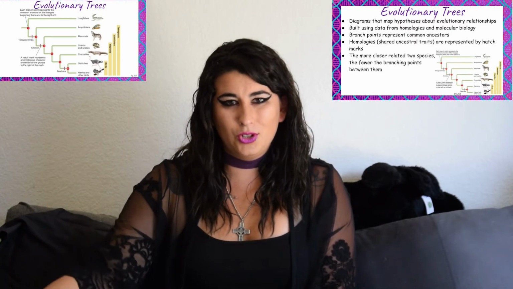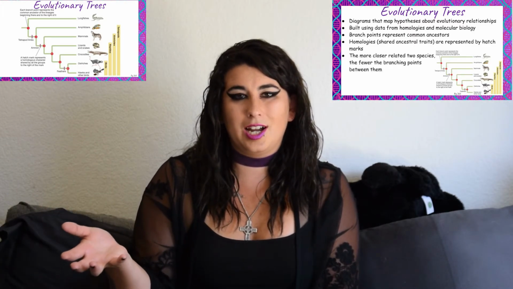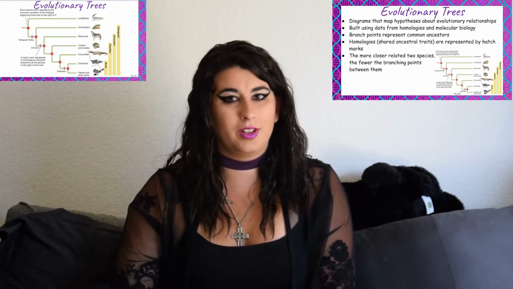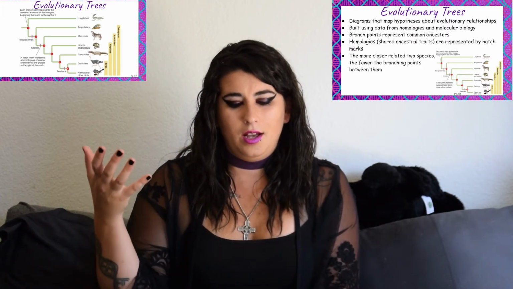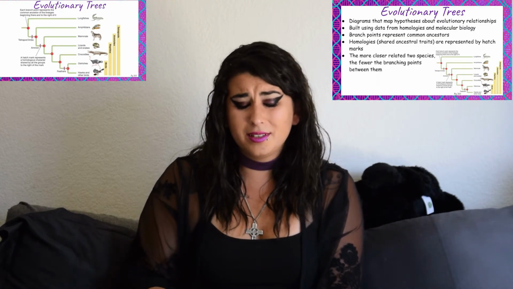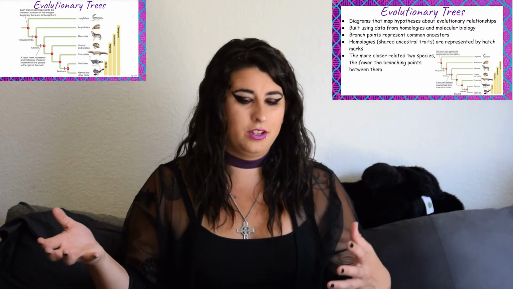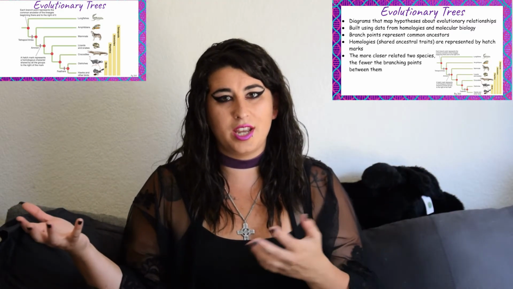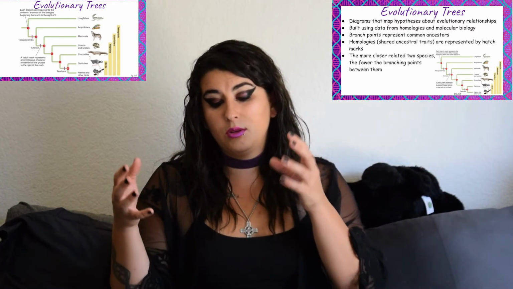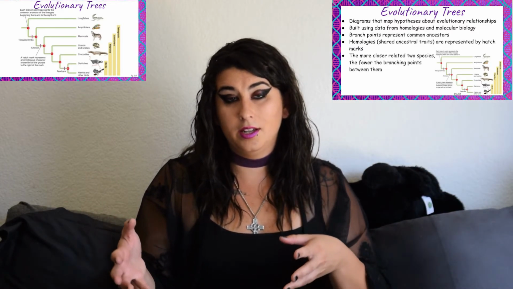But basically, an evolutionary tree is just a diagram that can map a hypothesis about an evolutionary relationship. You've probably all seen an evolutionary tree before and you just don't realize it. Basically, they're built on data, usually from homologies and or molecular biology. And they have these little branch points that you can see that are these little red dots.